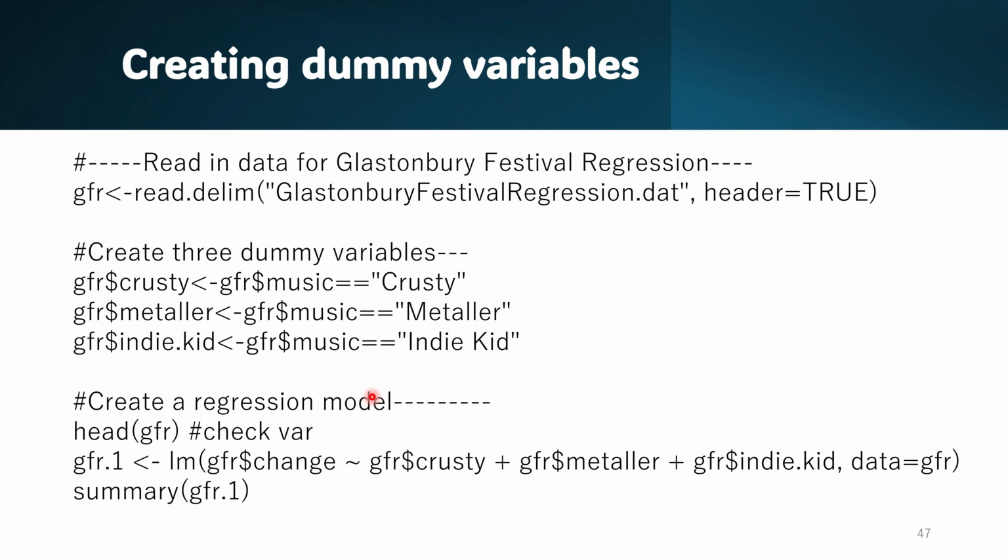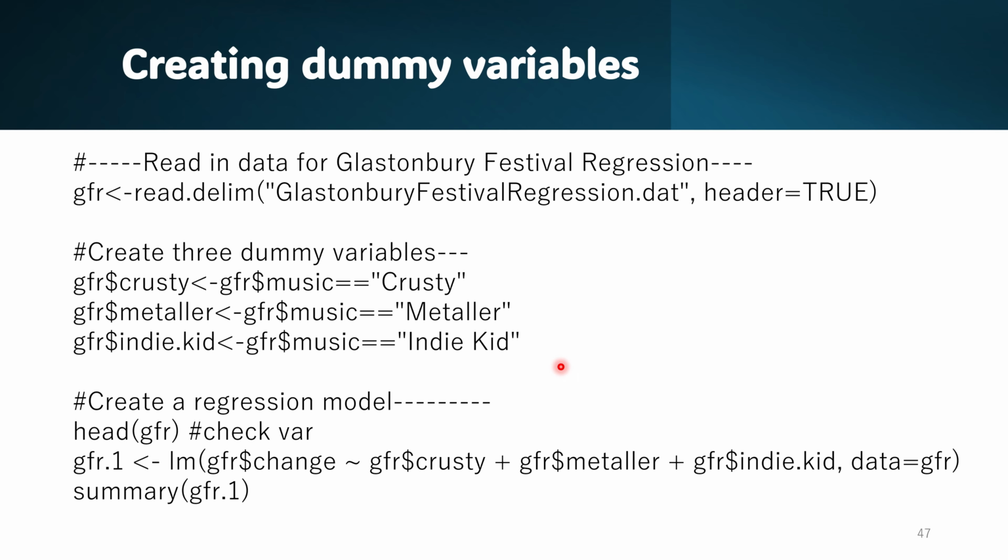In other cases, for example, if female, then the dummy variable is 1, otherwise 0. If Japanese, dummy variable 1, otherwise 0. If an older person, if the age is over 65, 1, otherwise 0.